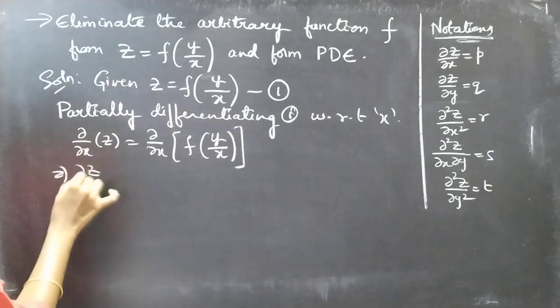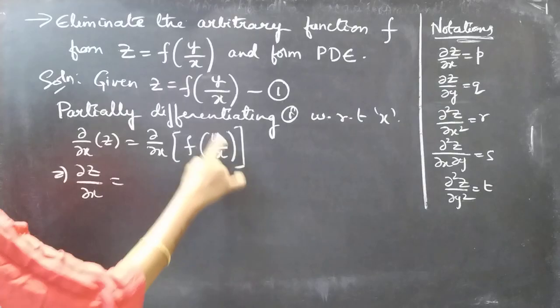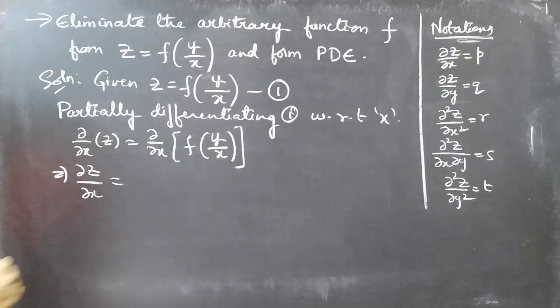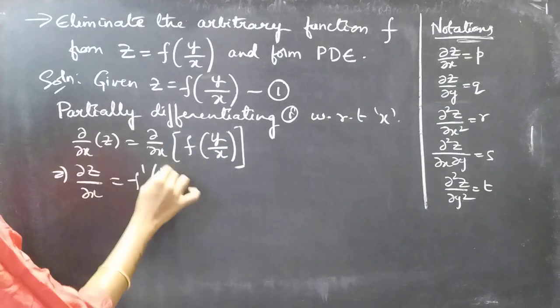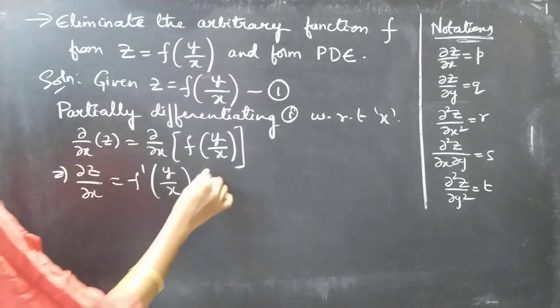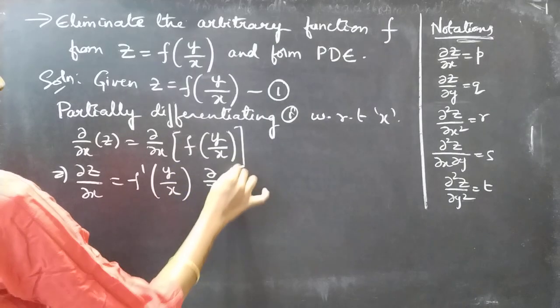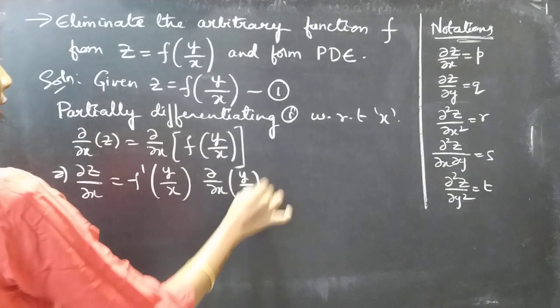This gives us dou z by dou x equal to the partial derivative of f of y by x, which is f dash of y by x into the inner derivative, that is dou by dou x of y by x.